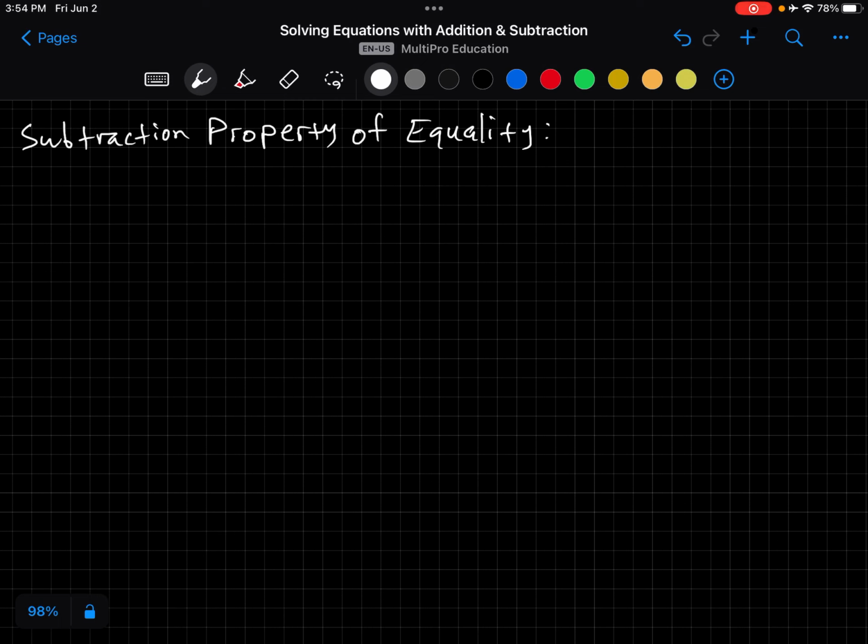Okay, so what is this? Well, it's very similar to the addition property of equality. We're just going to basically say the same thing except replace added with subtracted.